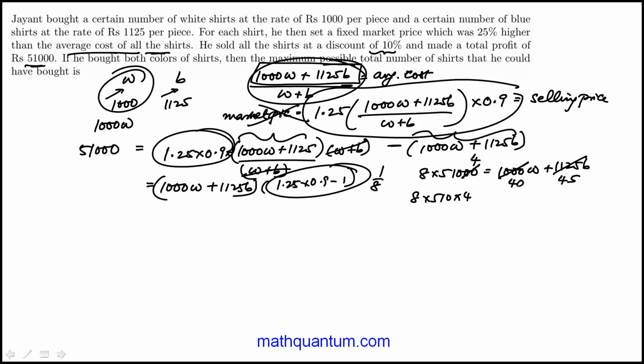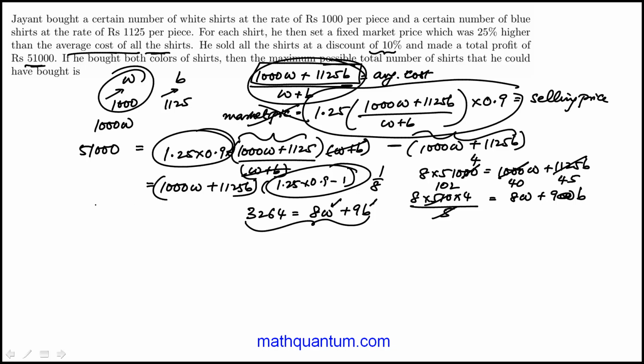Then I have another 5 that I could divide this by. And then I would get 8W plus 9B. And then this would be, again, you can use a calculator here. 102 times 32. So I get 3264. So this is our equation with these two variables where both W and B are constrained.